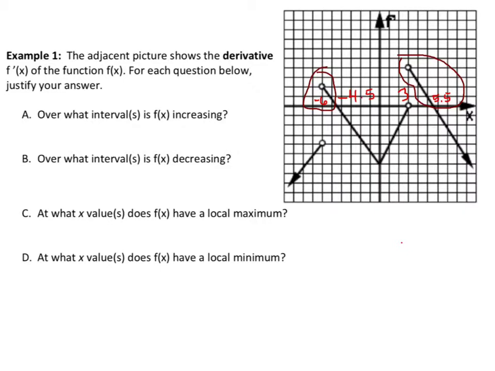So let's see, I've already notated the points for you. So the intervals in this case would be from -6 to, let's say, -4.5.